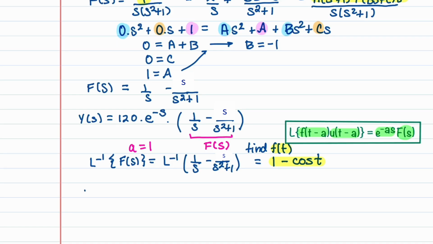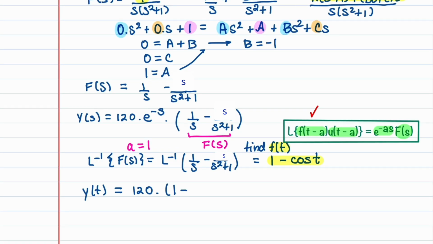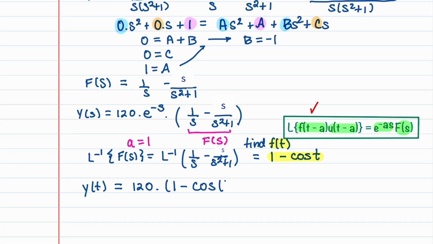Now let's find our answer. Little y of t is going to be the inverse Laplace transform. We'll bring our 120 down, and then we're going to have this piece right here, looking over in this box, f of t minus a. So that is 1 minus cosine. a is 1, so we have cosine of t minus 1.